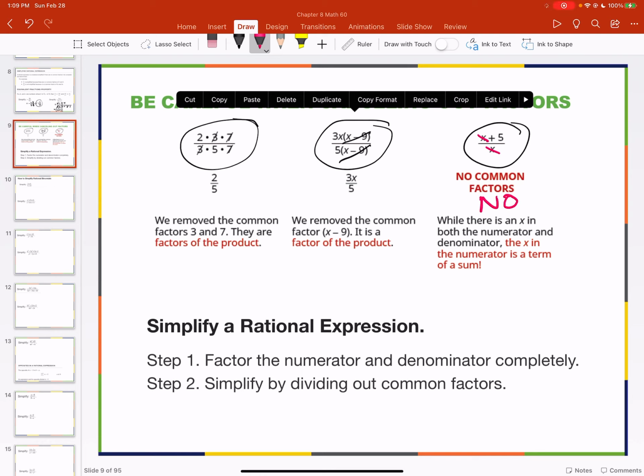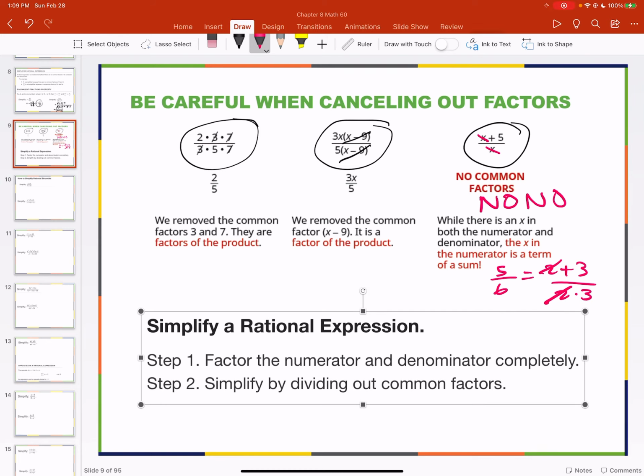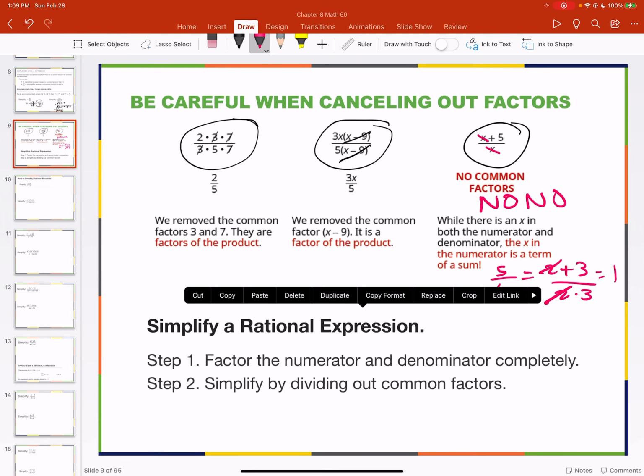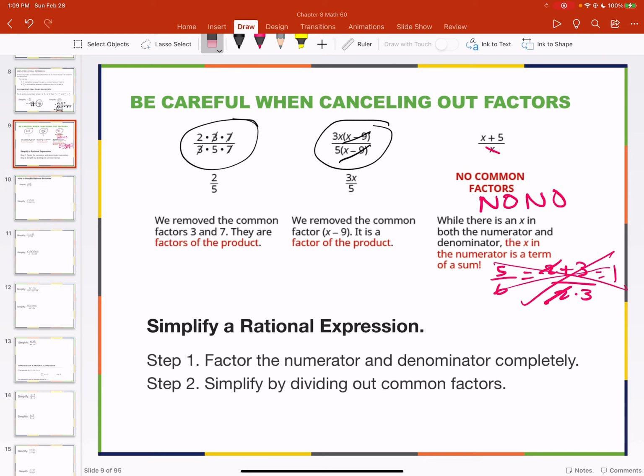That's a big no-no, right? Because you wouldn't say 5 over 6 is equal to 2 plus 3 over 2 times 3, and then go, oh yeah, this cancels, and my answer would be 3 over 3, which is equal to 1. That's wrong. So notice it can't be a sum. It has to be a product in order for you to cancel it out.